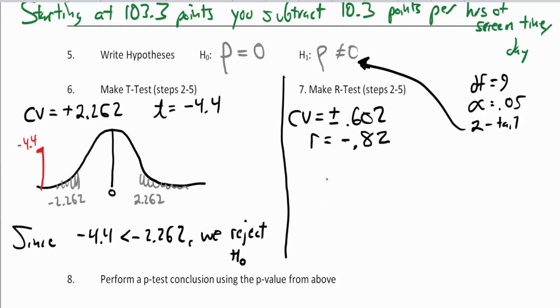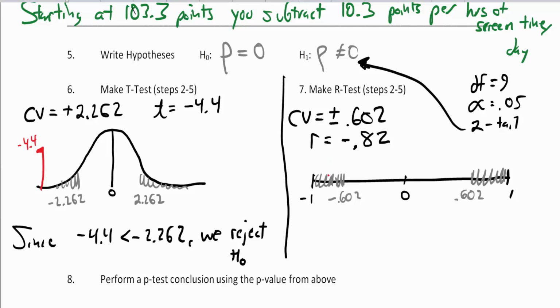So let's make a segment instead of a line: -1 to 1, 0. All right, let's shade. Now this is going to be at 0.602, about here, and this is about here, about 60% away from 0 in both cases. So negative 0.602 and positive 0.602.